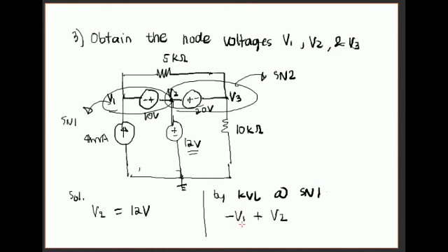Minus V1 because V1 is directly connected at the negative terminal of the 10 volt source, and V2 is connected directly to the positive terminal of this 10 volt source. So we have minus V1 plus V2 equals 10, or V1 minus V2 equals negative 10. This is our equation 1.